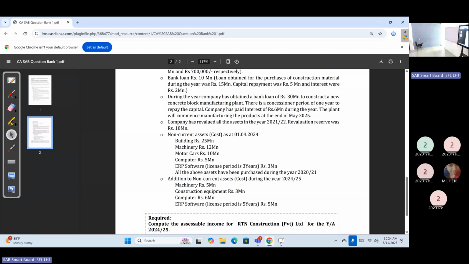Right, computer. How many years remaining?